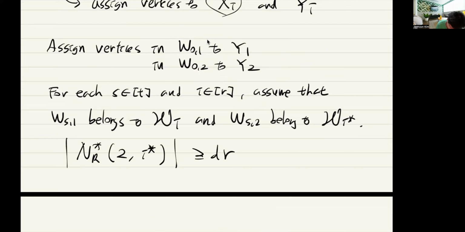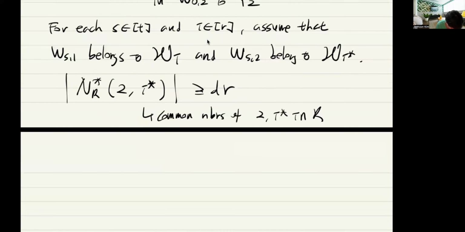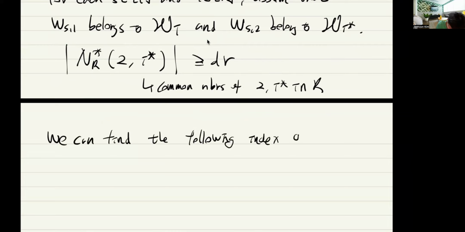And there are at least dr common neighbors of those two, I and I star, in this R. Then we can find the following index, say Q of S, which is in the common neighborhood. So there are this many choices, and you choose one of them.